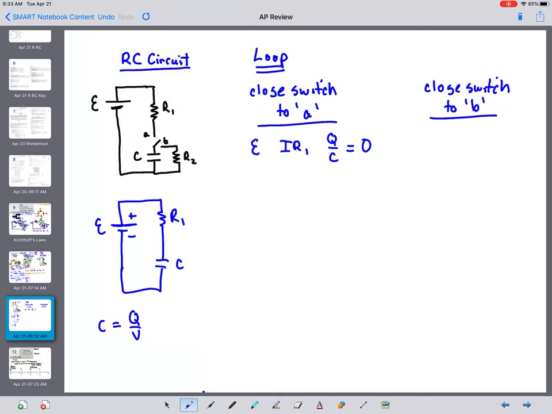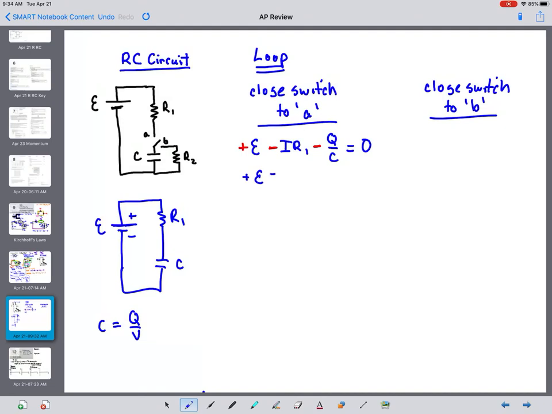The logic of getting the signs on this one: you can think of what is supplying and what is dissipating or storing. Your battery is supplying, that would be positive. Your resistor is dissipating, that would be negative. Your capacitor is storing, that would be negative. Now I'm going to write one more line.